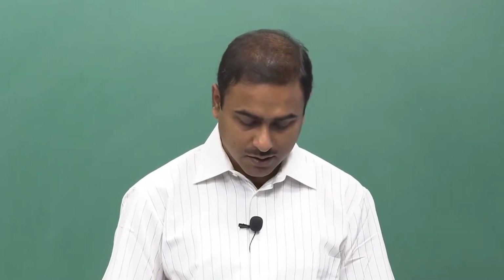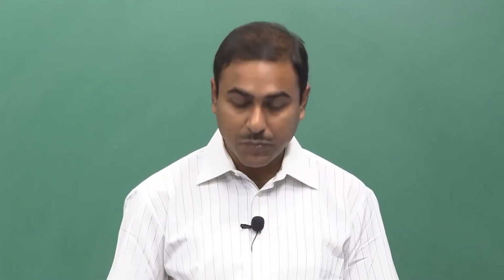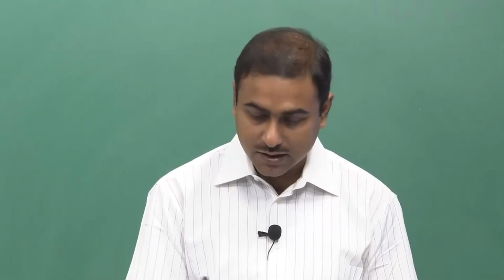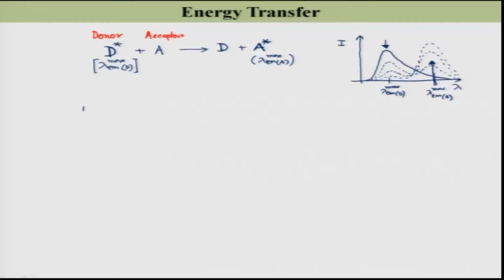Now, the question is how the energy is getting transferred. I can think of a simple pathway by which the energy is transferred. Let me write this: D star is getting converted to the ground state of the donor plus the emitted photon, which is h nu. So, I can write D star to D plus h nu.